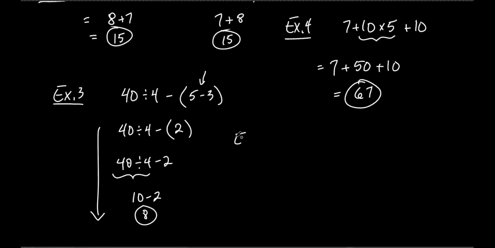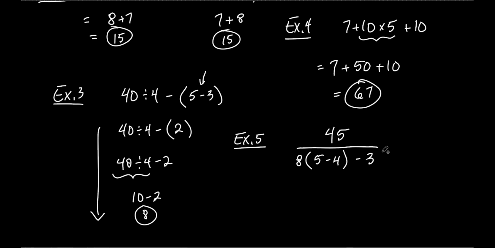Let's do example 5. Now this one looks a little bit different than the rest that we've been doing so far, but it's the same idea. Now here's one thing that we didn't talk about.